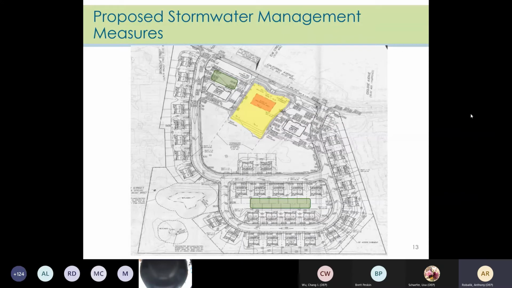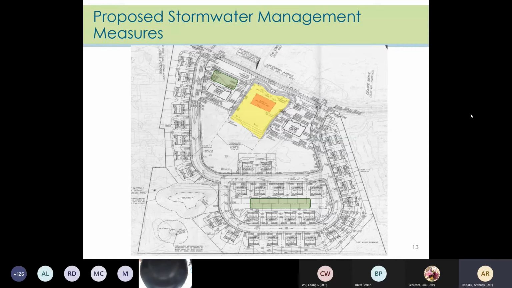So the small-scale infiltration basin listed in Table 5-1 has a contributory drainage area limitation of 2.5 acres, and the infiltration basin proposed here has a contributory drainage area of 5.5 acres. So therefore, it is not a small-scale infiltration basin from Table 5-1. Instead, it will be an infiltration basin from Table 5-2, which will need a variance or waiver in order to be used to meet the water quality and groundwater recharge standards.